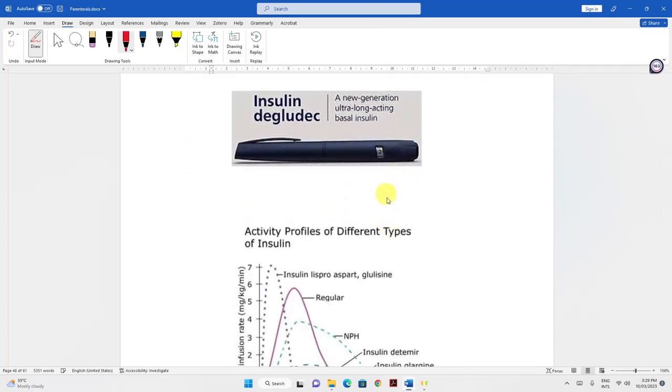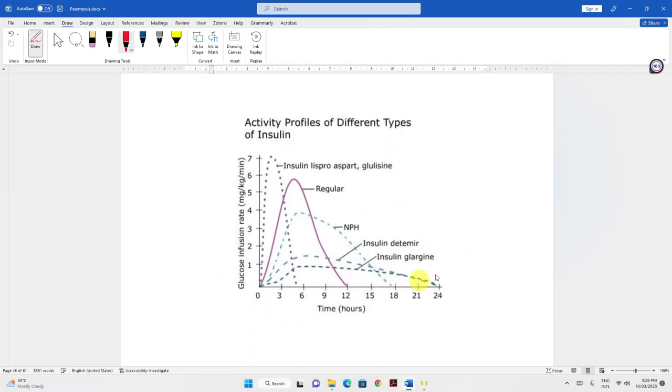Okay, this is the pen, and in this graph you see a comparison of the effect of different types of insulin. For example, you will see that Lispro, Aspart, and Glulisine act very fast, and also the duration is short. For regular insulin, it's longer.